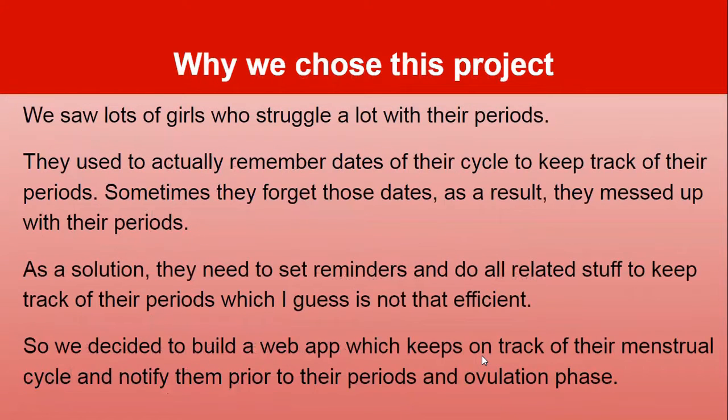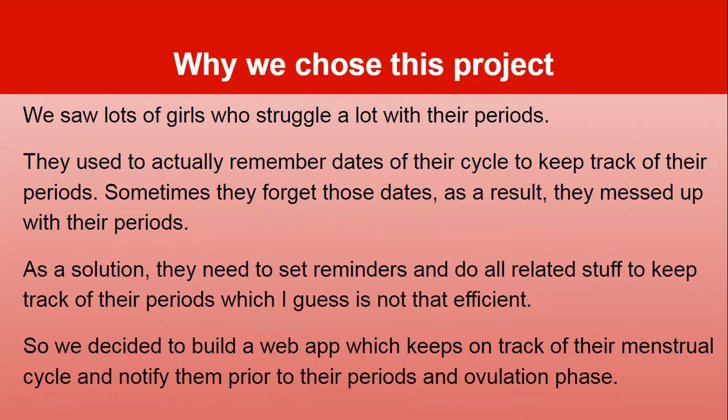So why did we choose this project? We saw a lot of girls who struggle with their periods. They used to remember the dates of their cycle to keep track of their periods. Sometimes they forget those dates, and as a result, they mess up their periods.